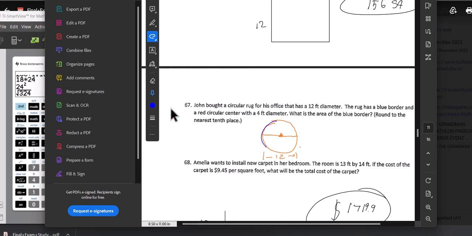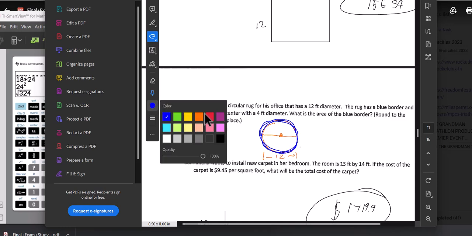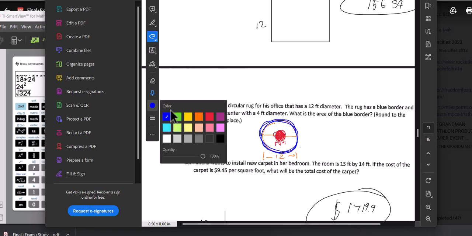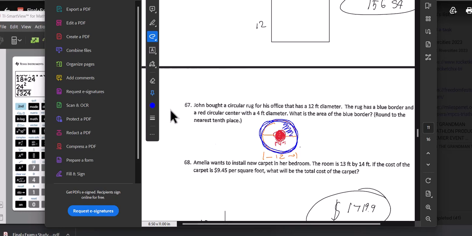There's a blue border and a red circular center with a 4-foot diameter. What is the area of the blue border? Oh, I see. So the blue border goes all the way. Okay, got it.